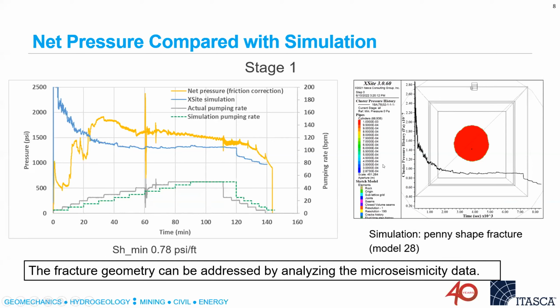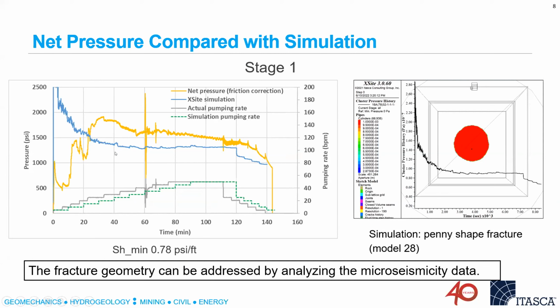In this case, it's an extreme case. Let's say the natural fractures are either very, very strong, or they don't give any influence on this hydraulic fracture propagation. So you generally get a penny-shaped crack.